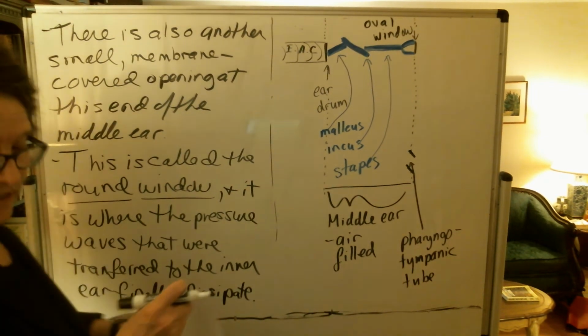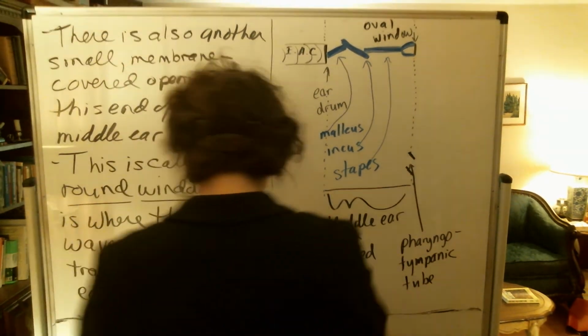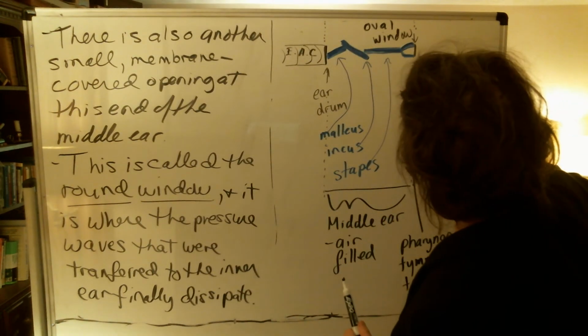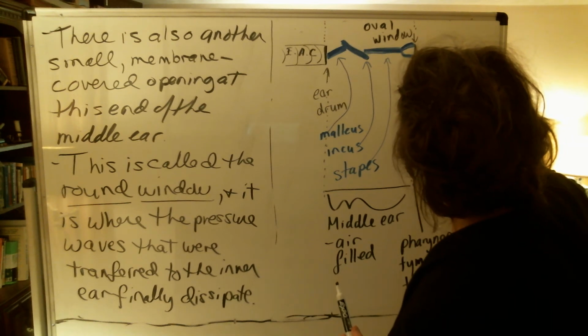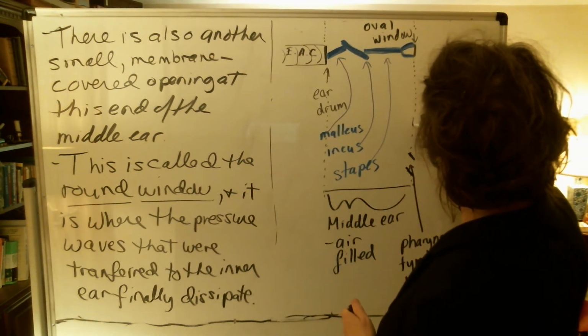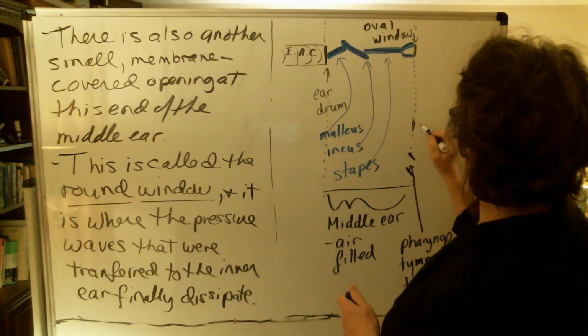So what did I just say? It goes like this. We now have this one last little membrane covered opening here. Just going to do it like this. Here it is now.